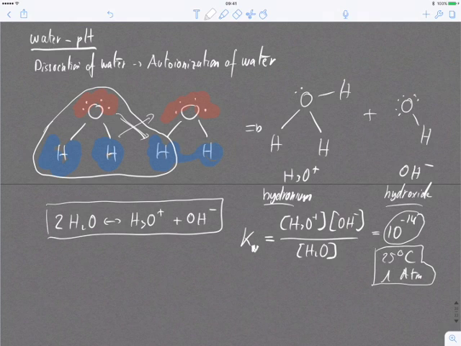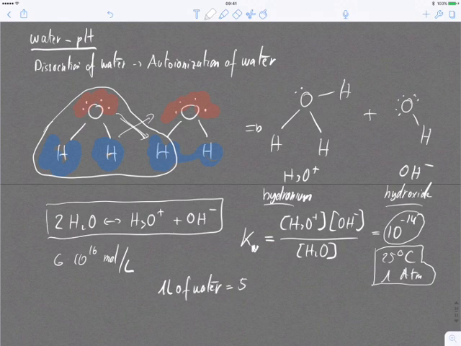And at this temperature and pressure, this equilibrium constant will be equal to 10 to the power of minus 14, which more or less represents 6 times 10 to the power of 16 molecules per liter. Knowing that 1 liter of water comprises 56 mole of H2O.